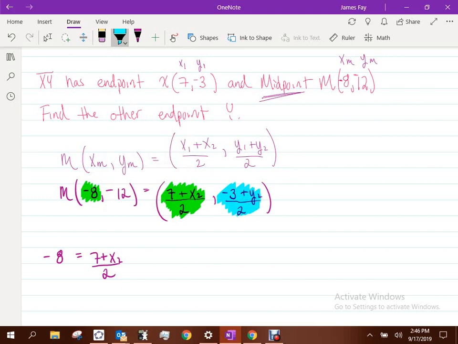That expression there, it's in the y position of my ordered pair. It should generate that y value. So I get another equation that says negative 12 is equal to negative 3 plus y sub 2 over 2.